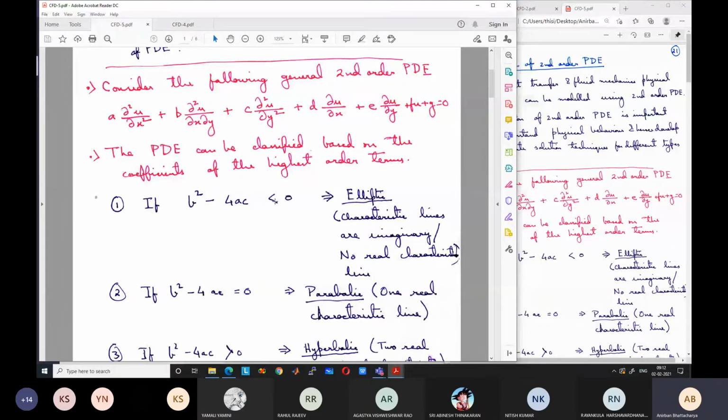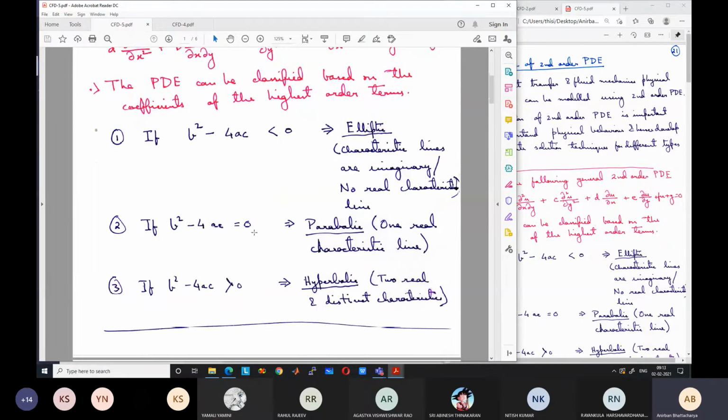And the feature of elliptic equation is that there are no real characteristic lines. At this moment you may not know what is a characteristic line. I will describe it in the subsequent page, but we will just note it at this point that elliptic equations do not have any real characteristic lines, or characteristic lines are imaginary. Okay.